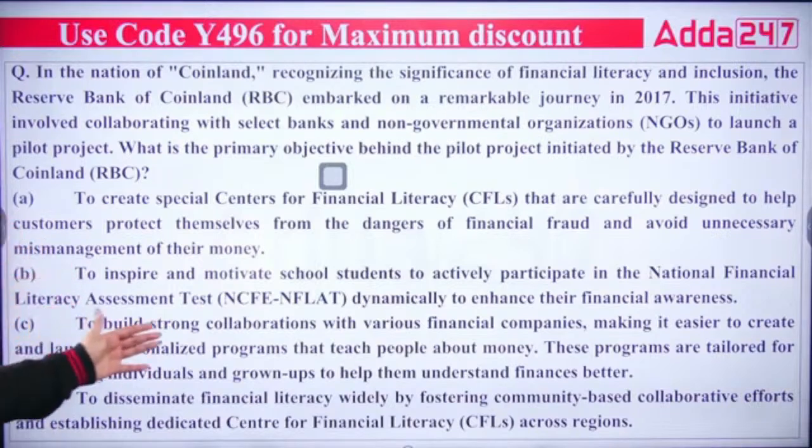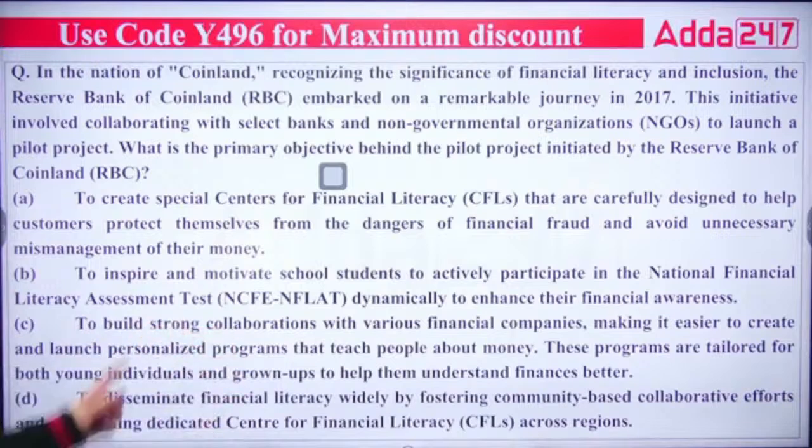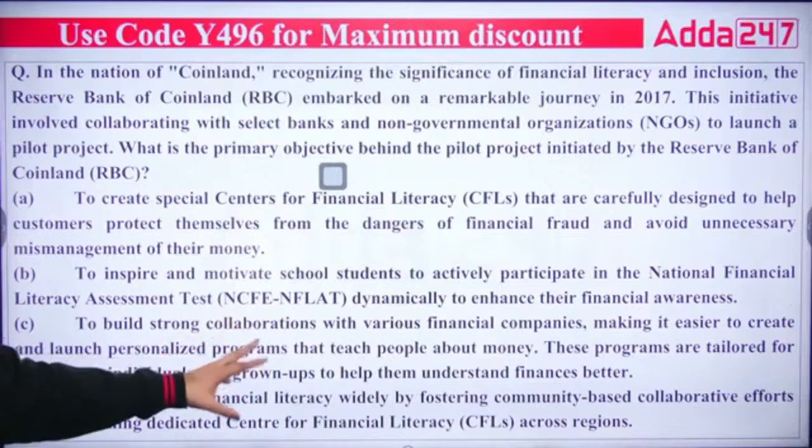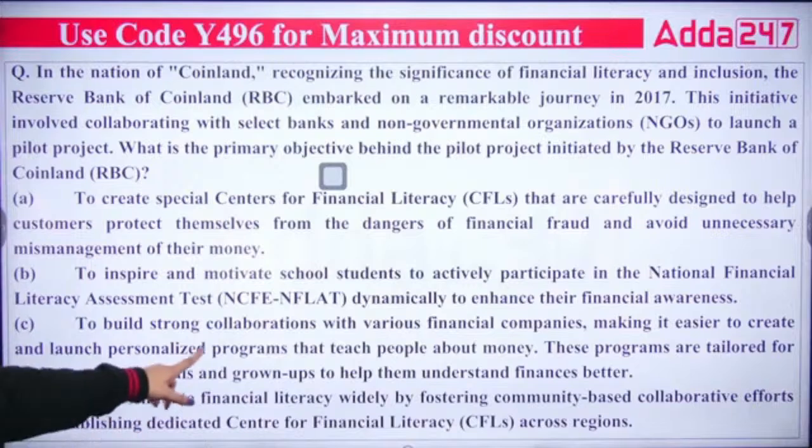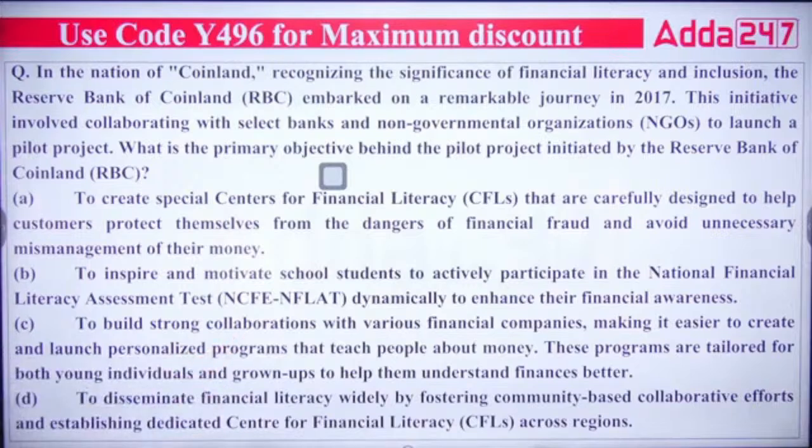Third, to build a strong collaboration with various financial companies, making it easier to create and launch personalized programs that teach people about money. These programs are tailored for both young individuals and grown-ups to help them understand finance better. Fourth is saying to disseminate financial literacy widely by fostering community-based collaborative efforts and establishing dedicated centers for financial literacy across the region.